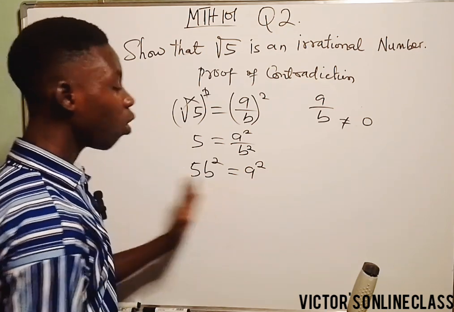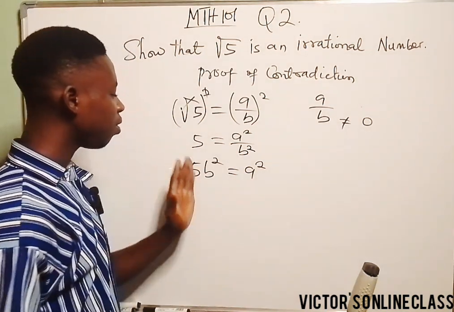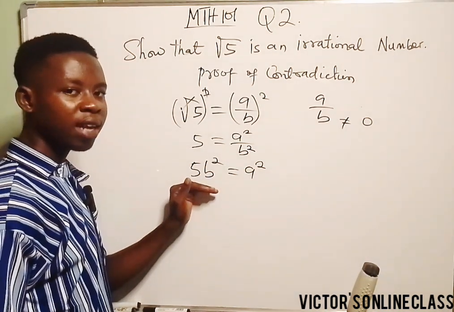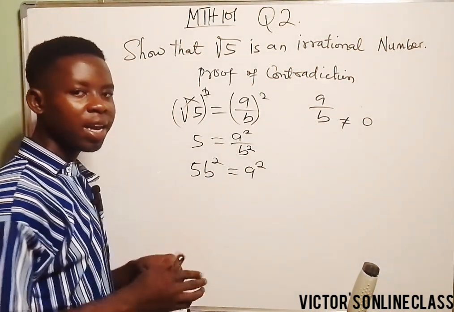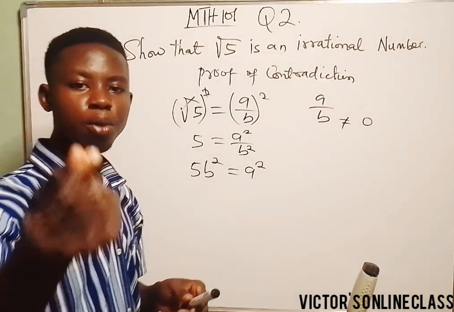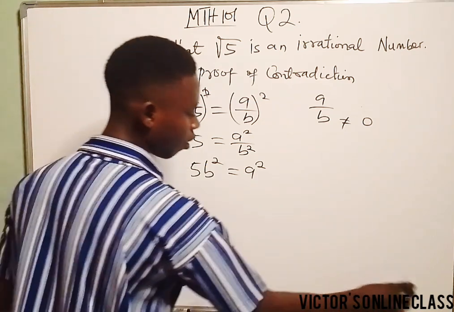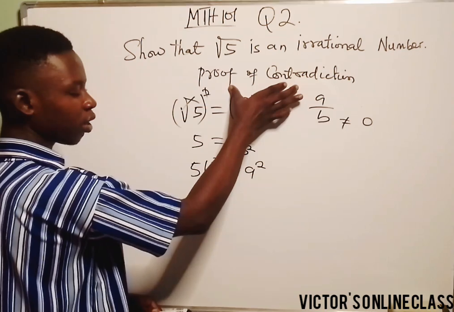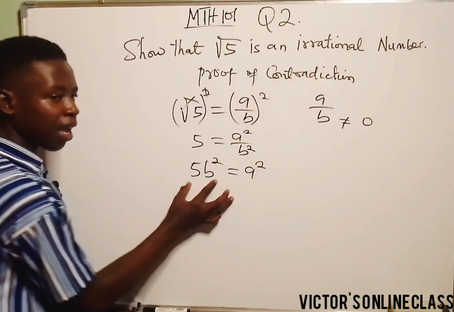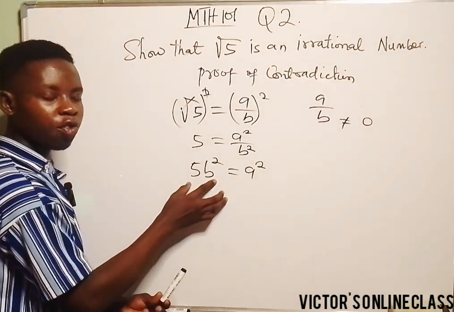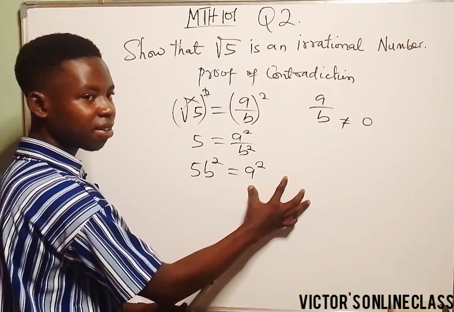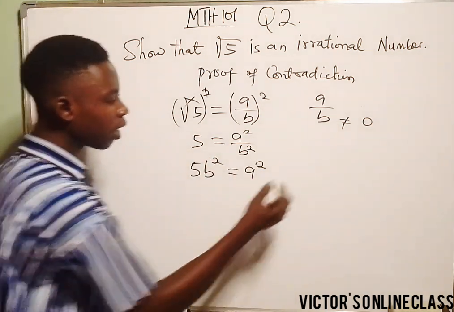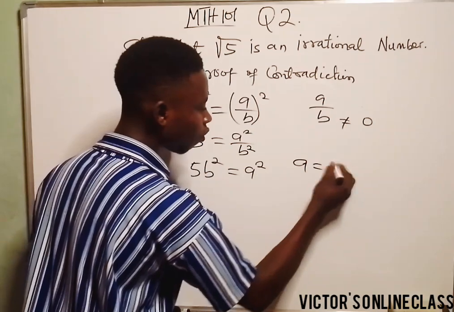On the left side, we have 5b squared, which means that a squared must be a multiple of 5. That is the condition that holds for proof by contradiction. If the left hand side is a multiple of 5, the right hand side must also be a multiple of 5.